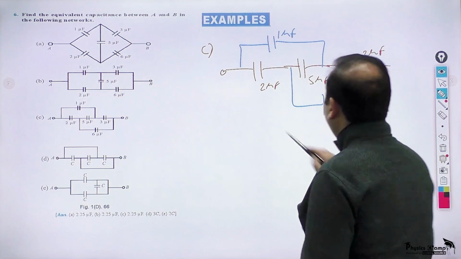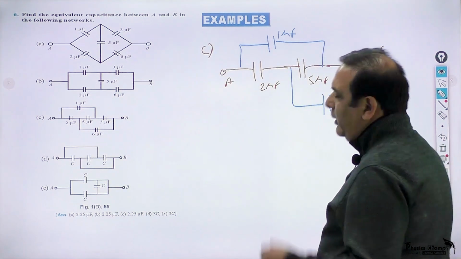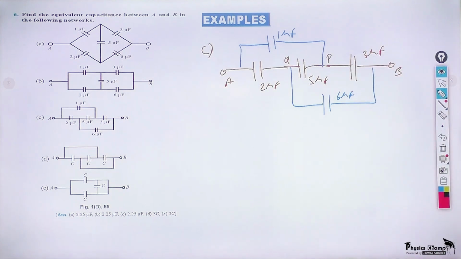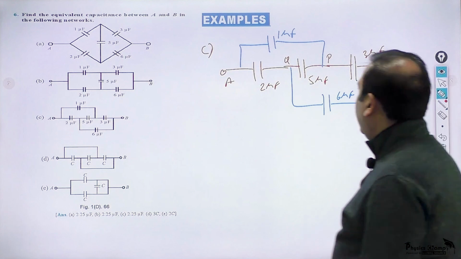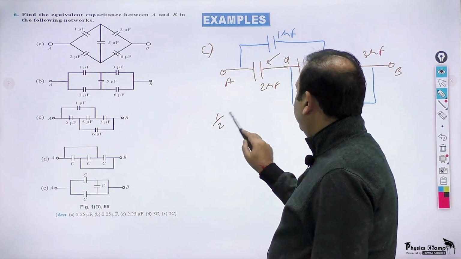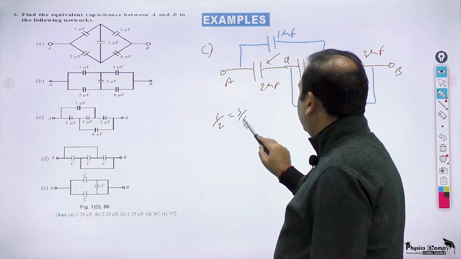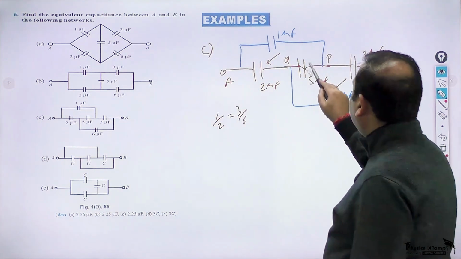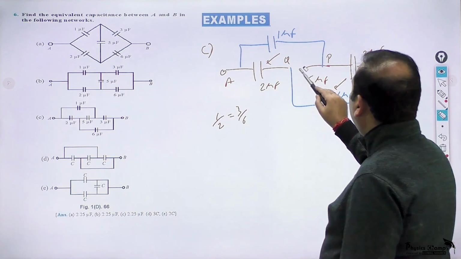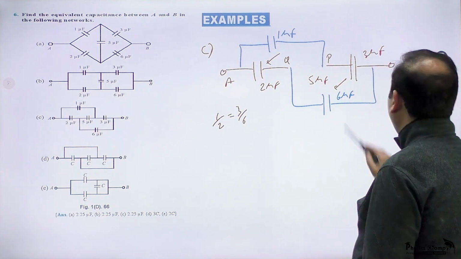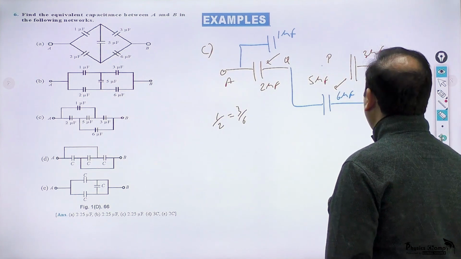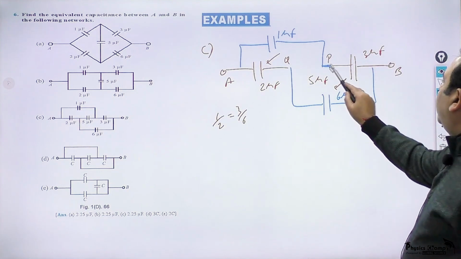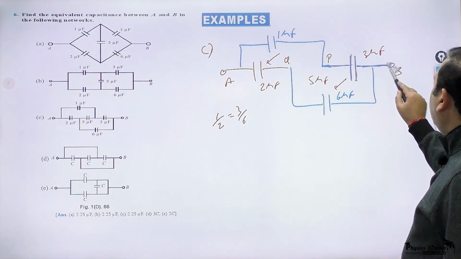This is A and this is B. Let's call it Q and P. Here again you have the similar ratio like 1 by 2 is equal to 3 by 6. So it's a balanced Wheatstone bridge. What is cancelable is this 5 microfarad. So you can leave this, and as a result, what we are getting is the arrangement as shown here.